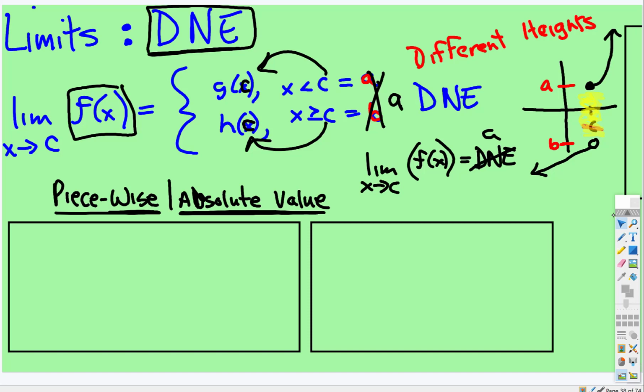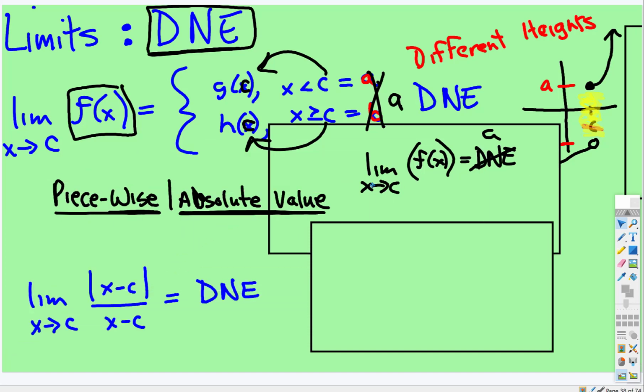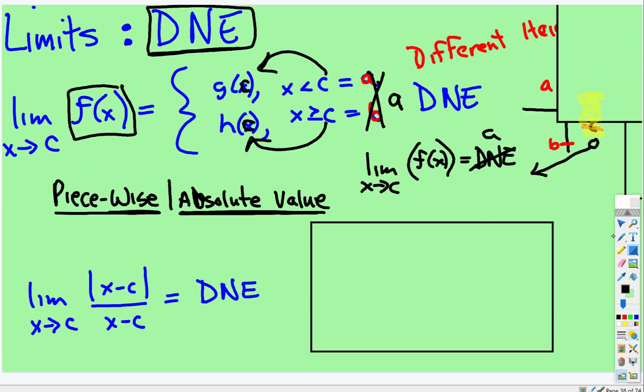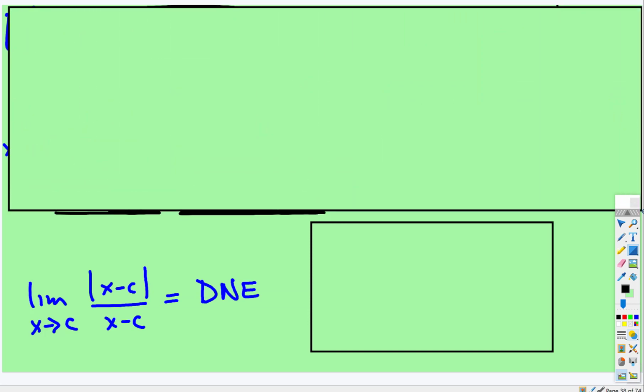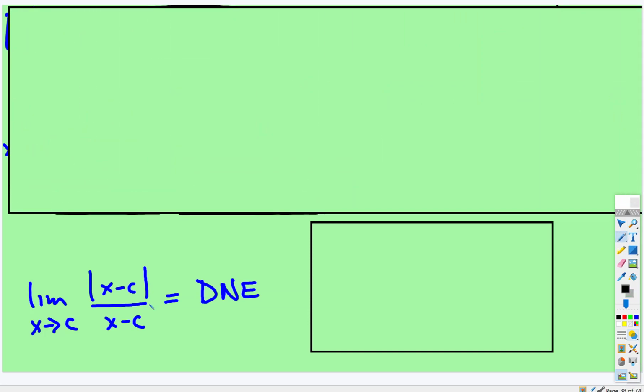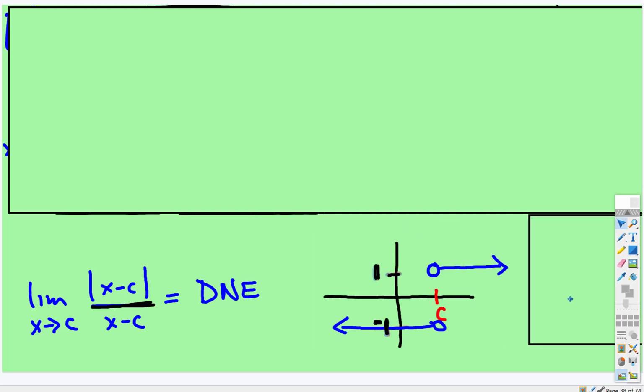And then the second one we're going to look at is absolute value. So the special absolute value ones that we're going to be looking at is when it's a rational expression, a numerator over denominator, and one part, either the numerator or the denominator, has absolute value bars. This is what that graph looks like.